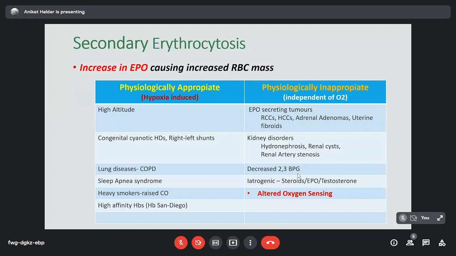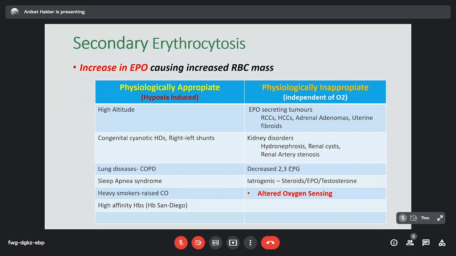This can be seen in people living at high altitude, in children who have congenital cyanotic heart diseases or right to left shunts, in chronic lung diseases like COPD or chronic asthma, in patients of hypoventilation with sleep apnea syndrome, in obese patients, in heavy smokers who have raised carbon monoxide levels, and in patients carrying high affinity hemoglobin, for example, hemoglobin San Diego.